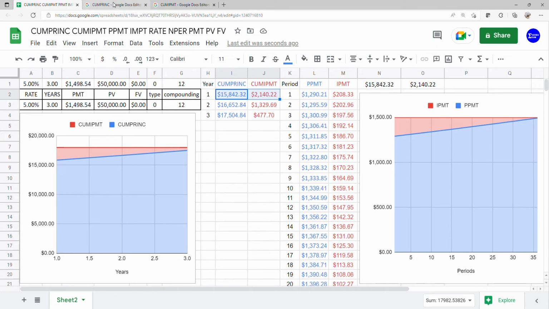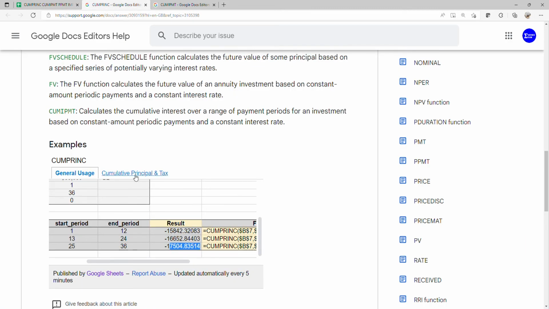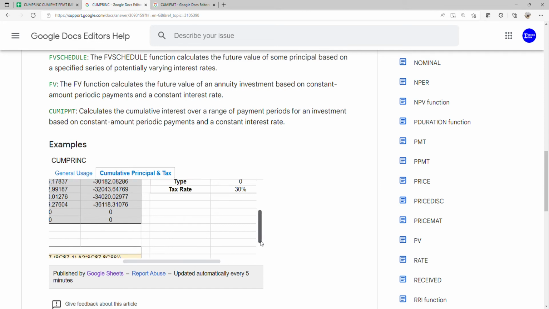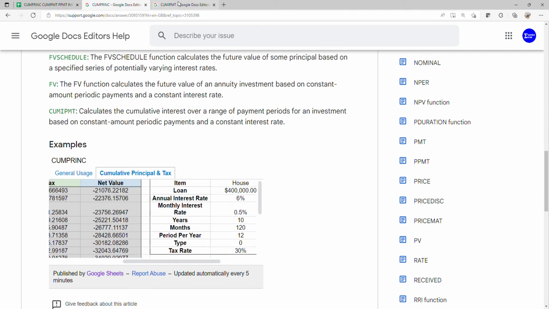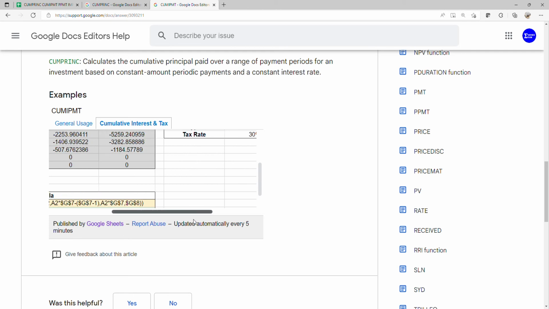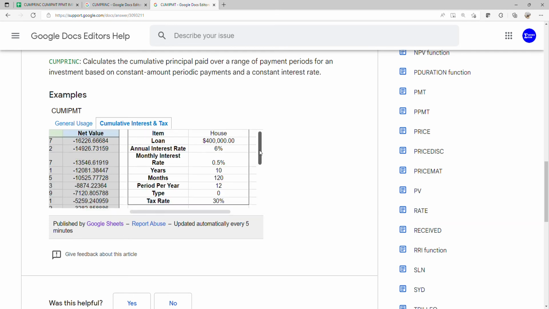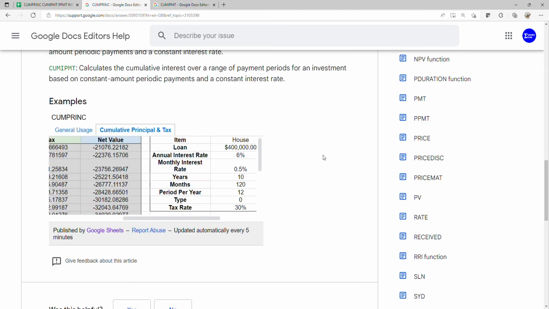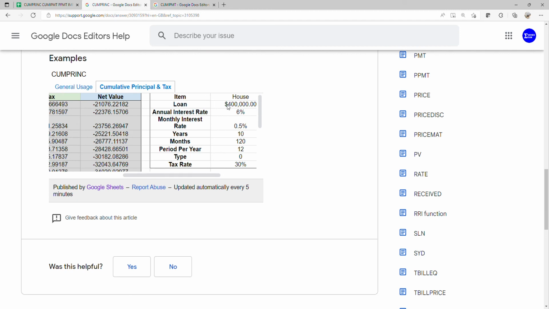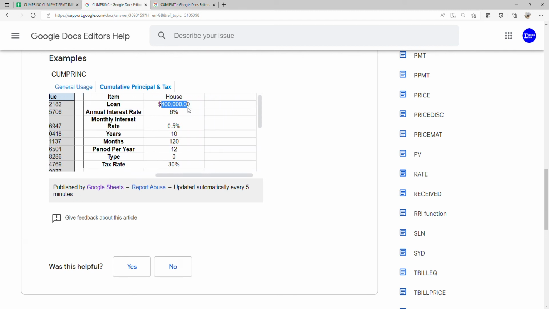We can also use another example. In this example, you have a house. Same thing with this. You have a house. The loan for the house, 400,000. So that's a present value.